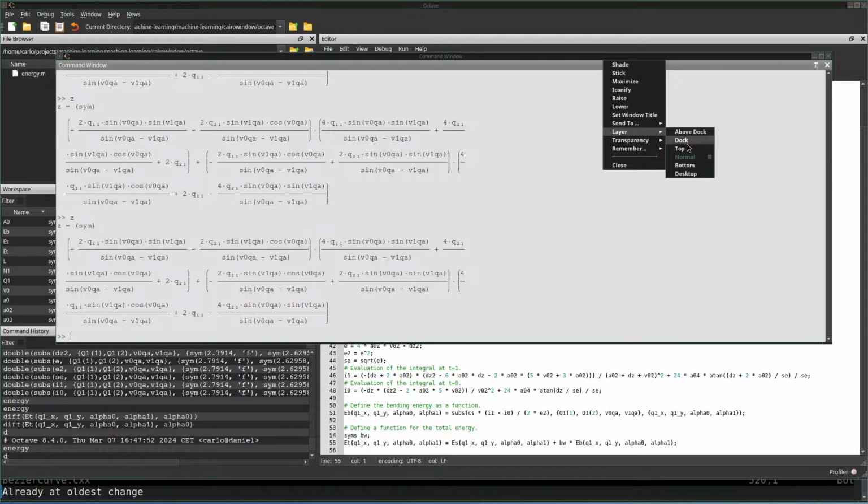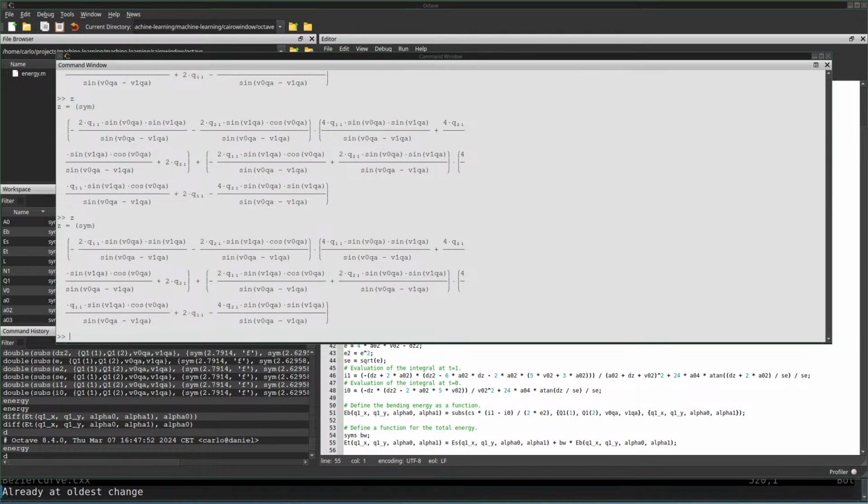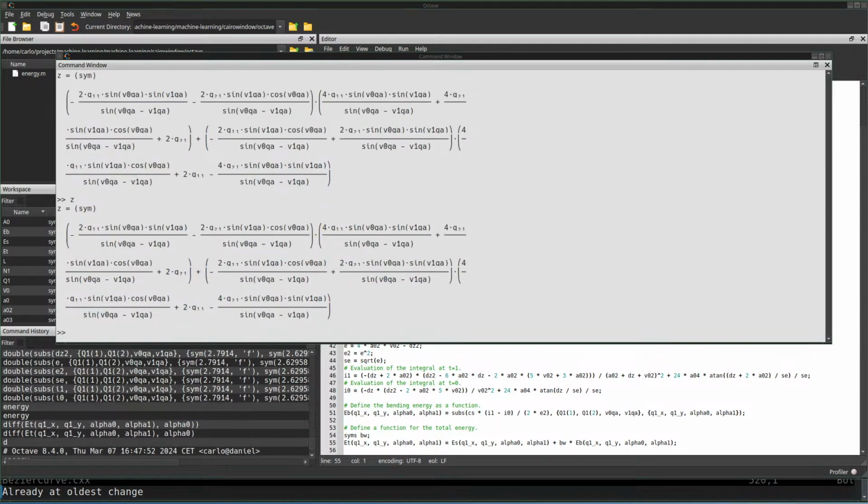Let's send it to top. Just has no influence on the width at all.